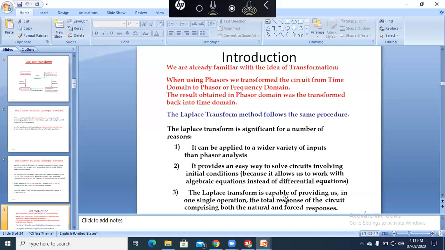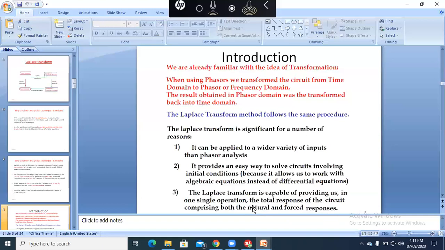Also, the Laplace transform is capable of providing us the total response of the circuit, which is in fact the natural and the forced responses of the circuit.